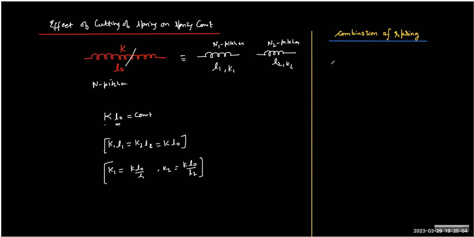There are 2 types of combination we all know. One is called the series combination. And I would like you to understand this by common sense.